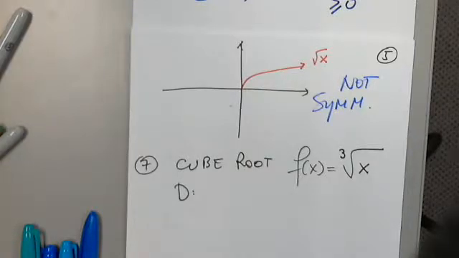The square root of -5 is not a real number. But now let's look at this function and see what we can plug in. If I plug in 8, how much is the cube root of 8? Which number I cube to get 8? 2, correct? What about 0? Which number I cube to get 0? What about -8? Which number I cube to get -8? Correct. So what does that say to you?